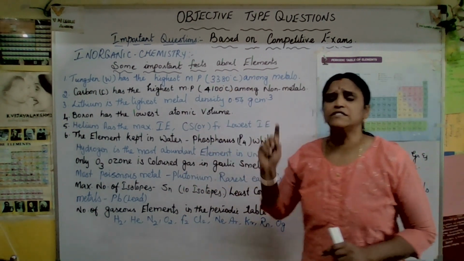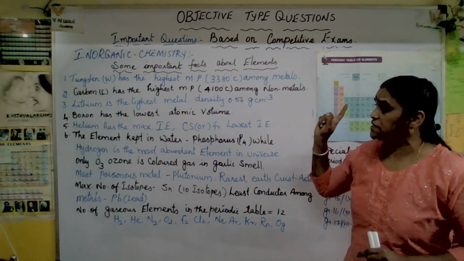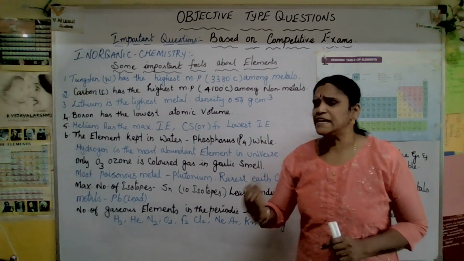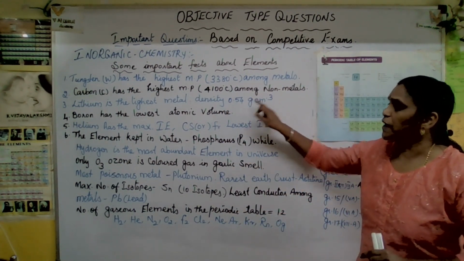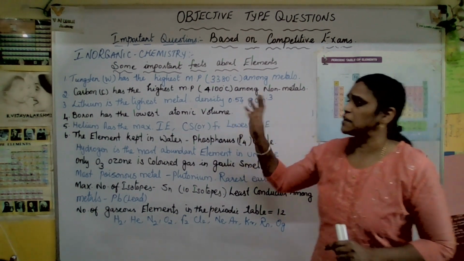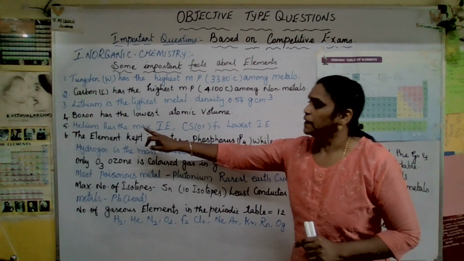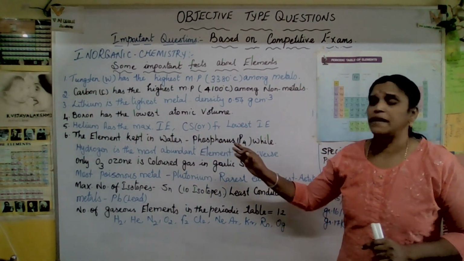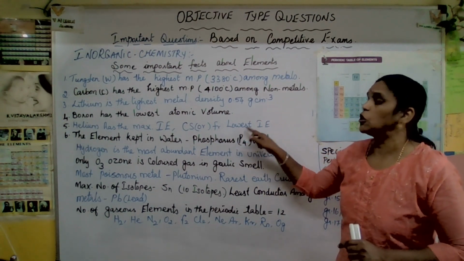Carbon has the highest melting point among non-metals, 4100 degrees Celsius. And lithium is the lightest metal, with density 0.54 gram per centimeter cubed. Boron has the lowest atomic volume, helium has the maximum ionization enthalpy, and cesium or francium has the lowest ionization enthalpy.